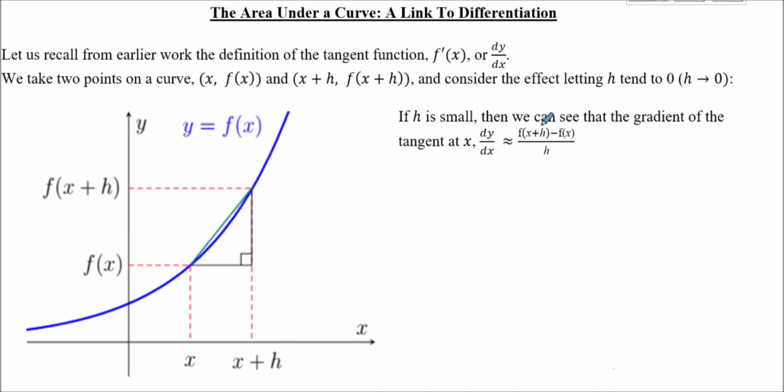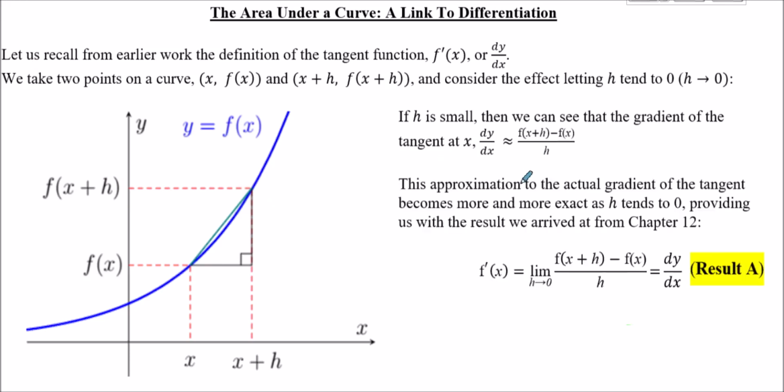So if h is small, then we can see that the gradient of the tangent at x here, dy by dx, is approximately equal to the change in y, which is f of x plus h minus f of x, this bit here, divided by the change in x, which is h. So this approximation is going to become more and more exact as h gets closer and closer to 0.